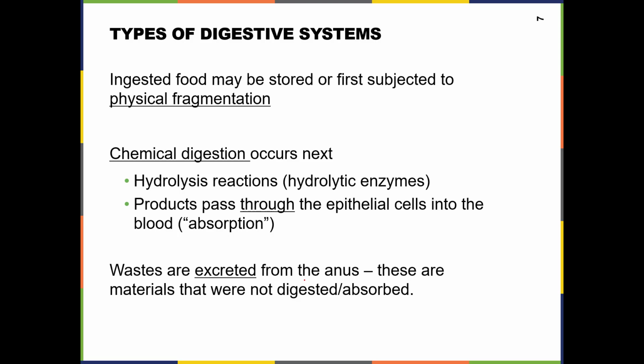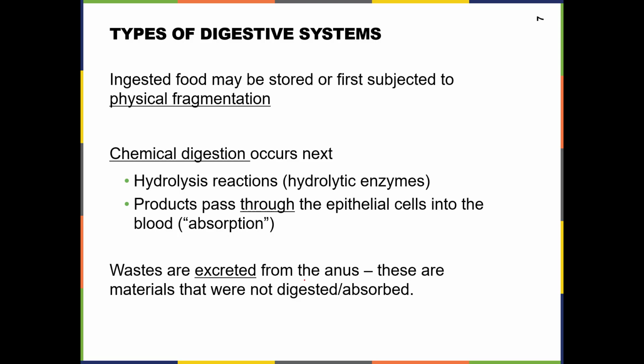I think at this point you've seen enough diversity that you can understand that not everything works exactly like it works in humans. But generally speaking, there has to be at some point in the digestive process a physical fragmentation of the food. For animals with jaws, we chew it up at the beginning, and that breaks it up into a mush. And there are some animals, though, that swallow things whole, and then it gets broken down later, physically crushed.